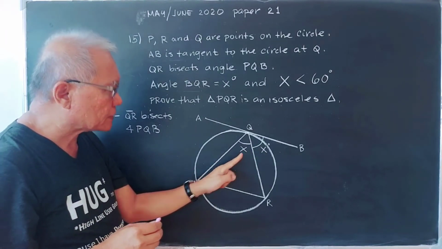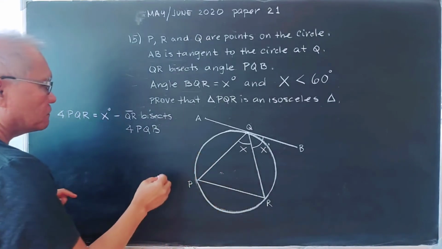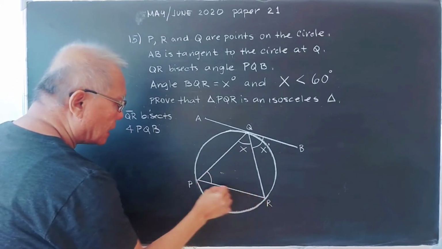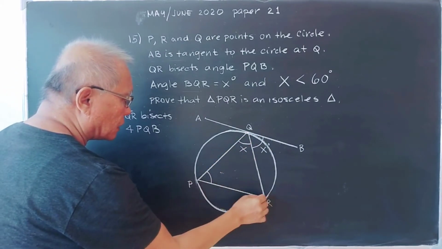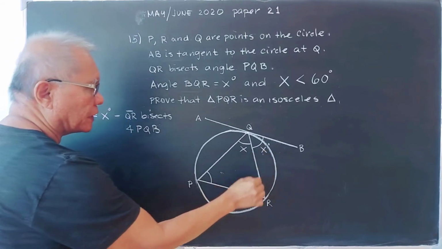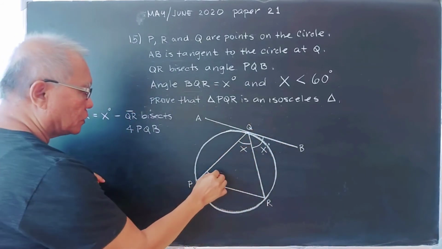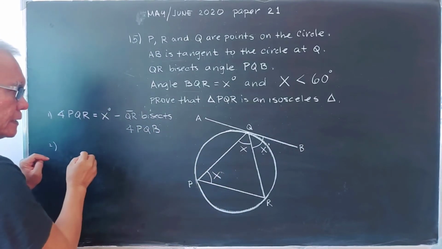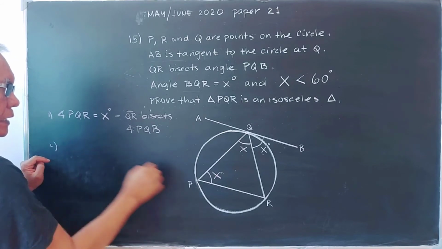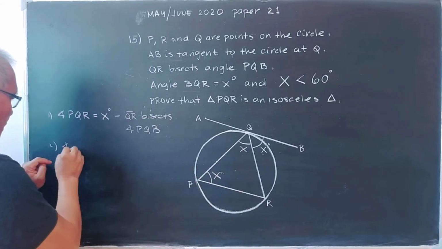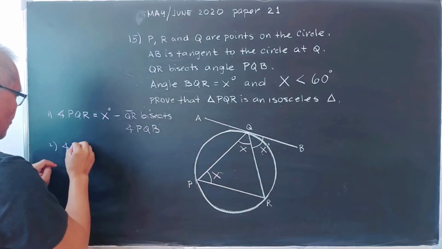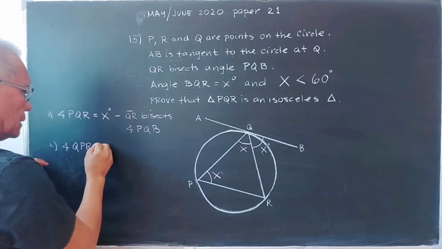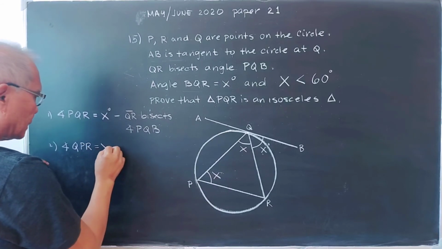The next one is this one. Angle RPQ or QPR is also equal to that x there, RQB. So we will put here x. So the second reason: angle QPR is equal to x.